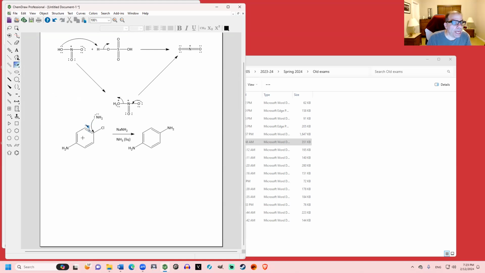We break the carbon-carbon pi bond and put the electrons on the carbon next door.